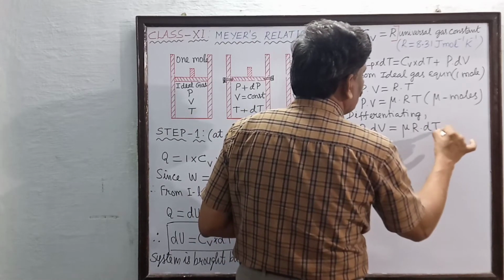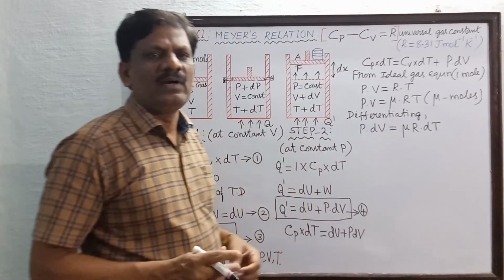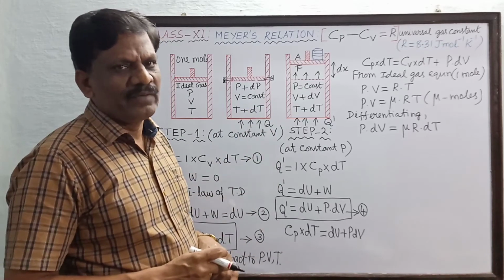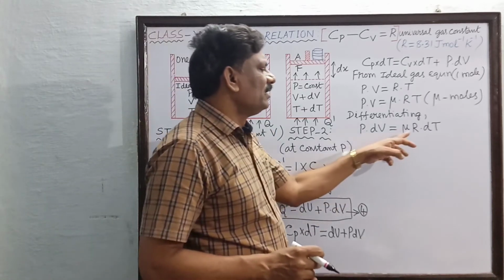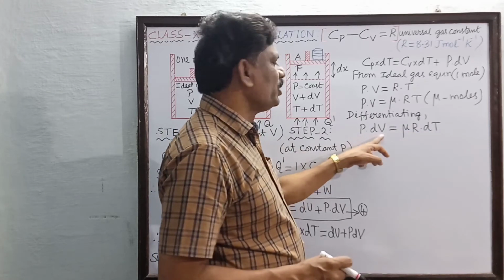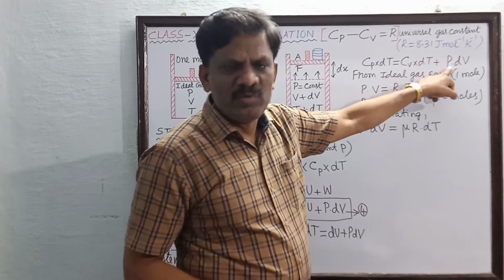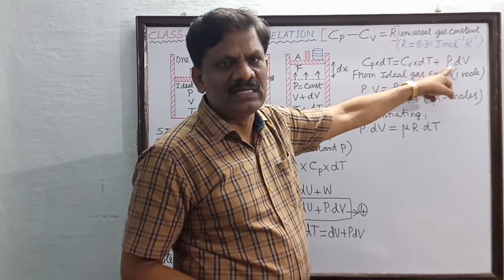So P dV is equal to what? Mu R dT. So this mu R dT can be substituted in place of P dV in the previous equation. This is for mu moles. Understand?